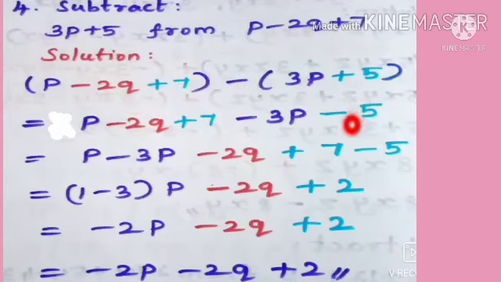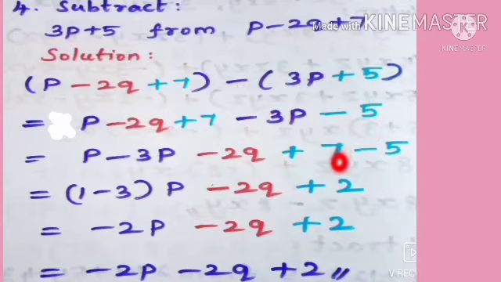And in the next step, by using the multiplication of integer rule, that is, the product of two different integers is always a negative integer. So by using this, we can write it as p minus 2q plus 7 minus into 3p is minus 3p. Minus into plus 5 is minus 5.